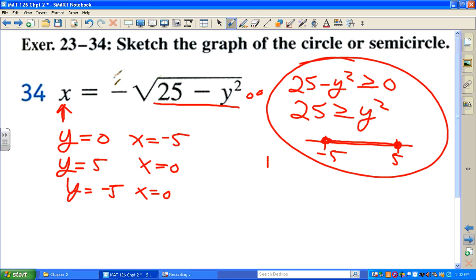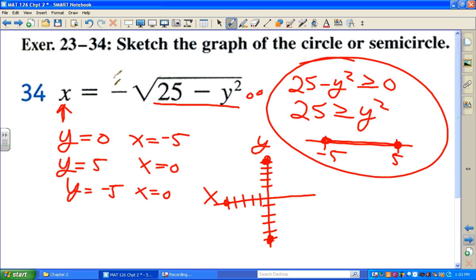So when you make a sketch of this, I'm still going to put the x along the horizontal and the y in the vertical. If y is 5, then x is 0. If y is negative 5, x is 0. And if x is negative 5, y is 0.